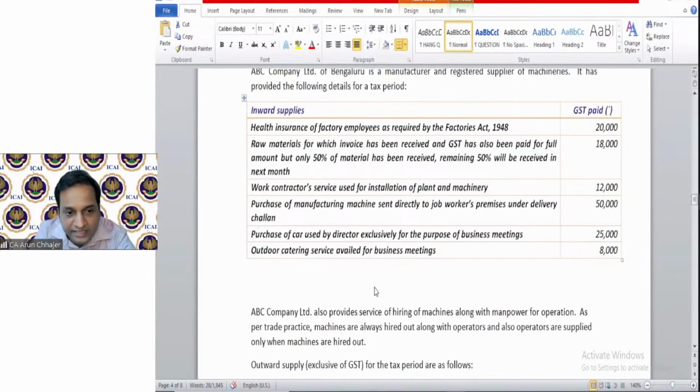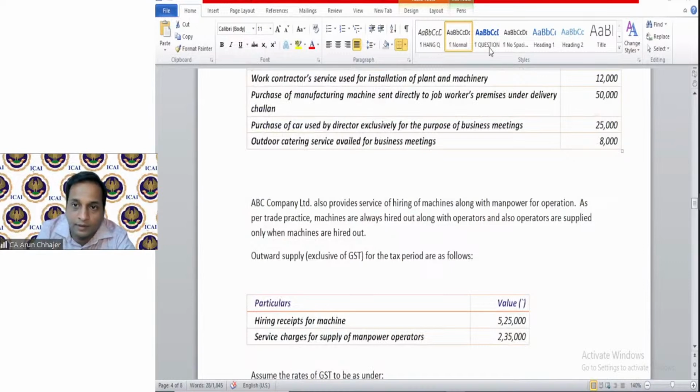Now, ABC company also provides service of hiring of machines along with the manpower for operation. So they are providing the hiring of the machine, and they are also providing the manpower for the operation. As per the trade practice, machines are always hired along with operator, and also operators are supplied when machines are hired out.